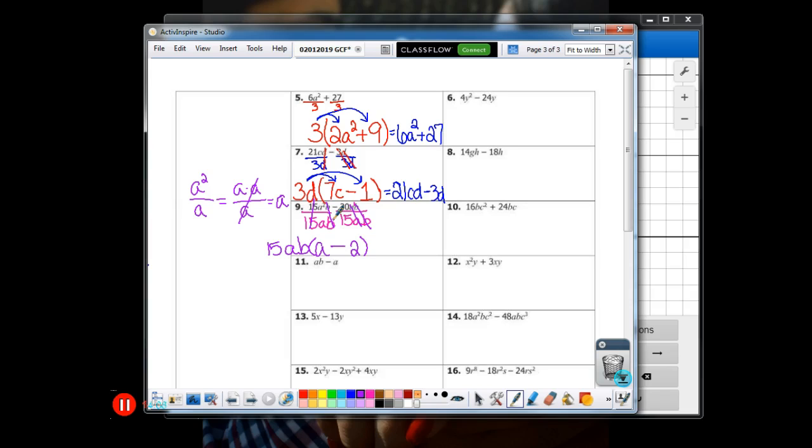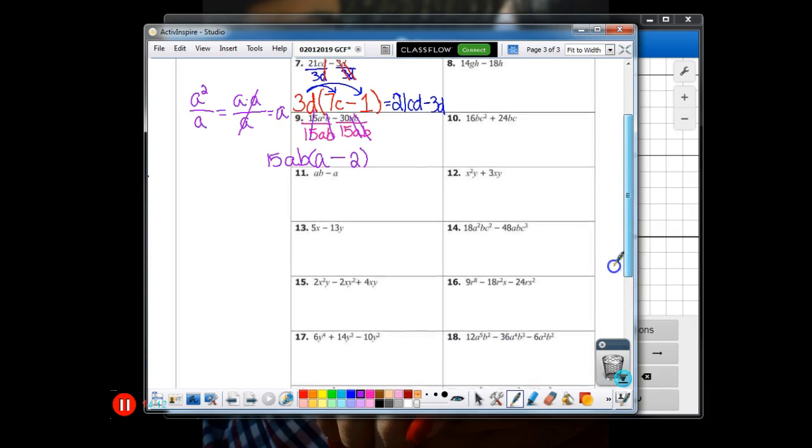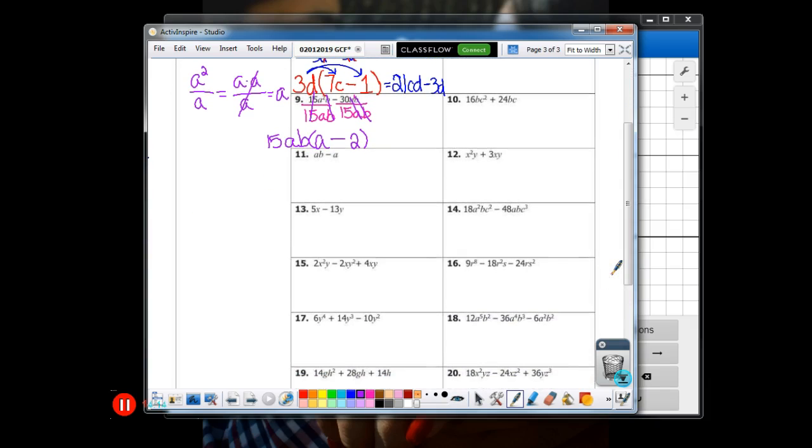Alright, so now looking at number 11. Number 11, there are no coefficients, so I just need to look at the variables. Okay, so my variables here, I have a, b, and a. The only one they have in common is a, so I have to divide by a. Okay, so this cancels out, I'm left with b, and then a divided by a is 1.